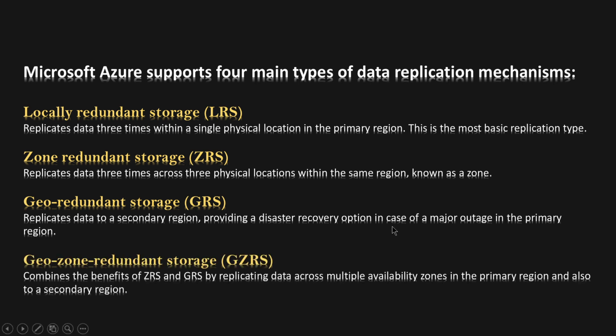Then we have Geo-Zone-Redundant Storage that combines the benefits of ZRS and GRS. It replicates the data across multiple availability zones in the primary region and also to the secondary region. I will give you an example. Suppose there is a global news organization that stores their news, articles and media assets.